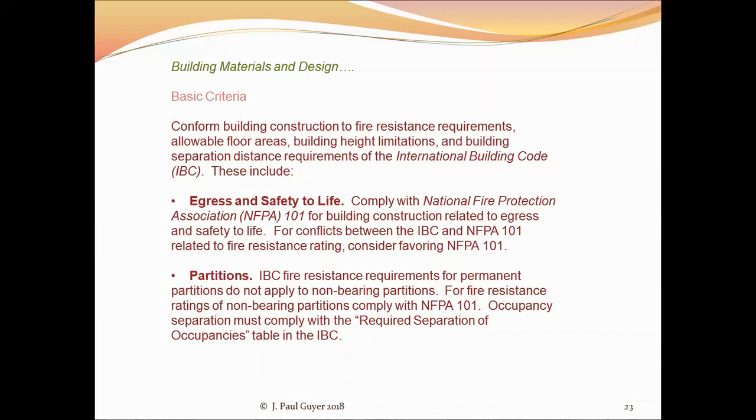And so the codes will mandate that the partition between this kind of activity or occupancy and the adjacent occupancy, the wall between the two, needs to be of a certain fire resistive construction. 1 hour fire resistance, 2 hour fire resistance, etc. How are these fire resistance ratings determined? They're determined by test.